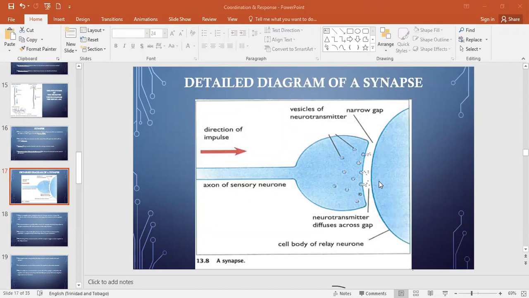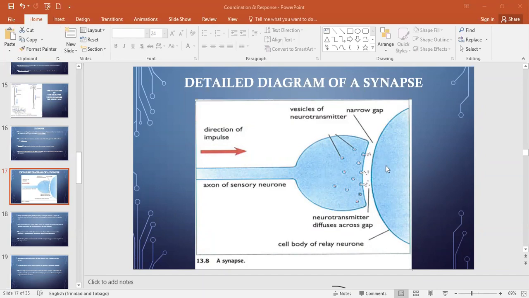These neurotransmitters have a specific shape to bind onto the receptors of this dendrite. So they can only fit there, and these receptors are only located on one side, not all over.